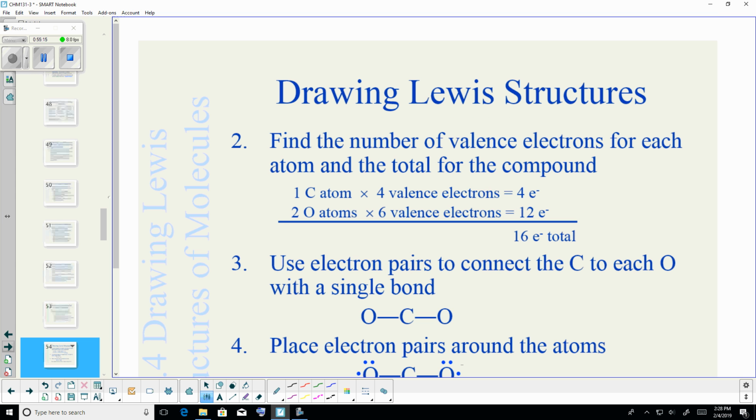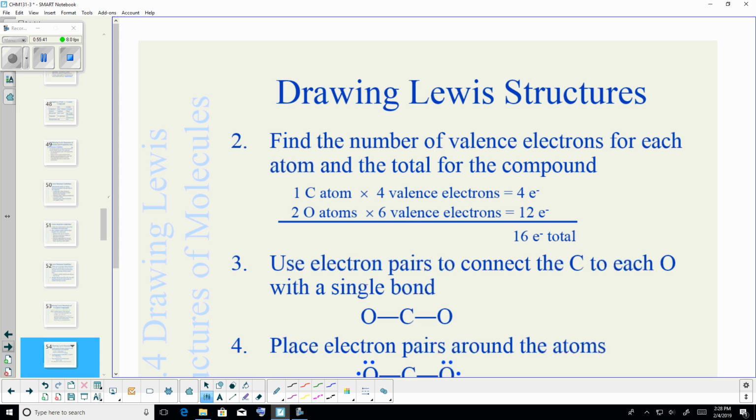Total number of valence electrons. Now you look, there's one carbon. It's in column 4A, so it has 4 valence electrons. 2 oxygen. Oxygen is in column 6A, so it has 6 valence electrons. So 6 times 2 is 12. So you have 16 total valence electrons. That's all you have to work with.